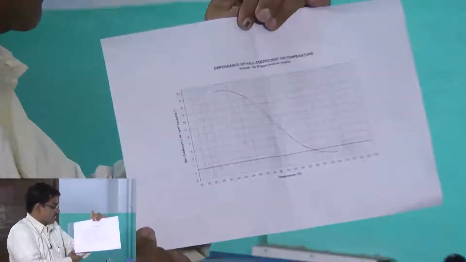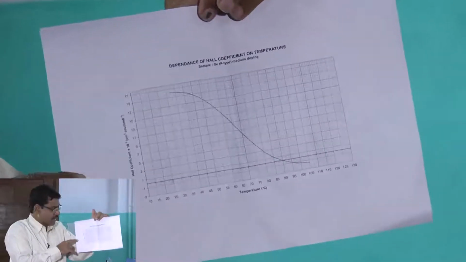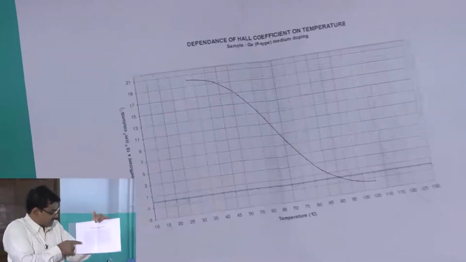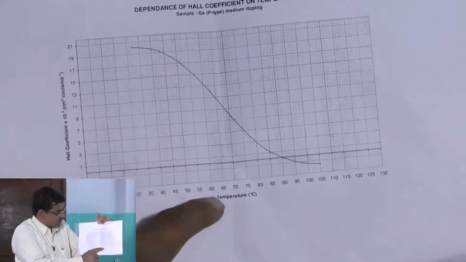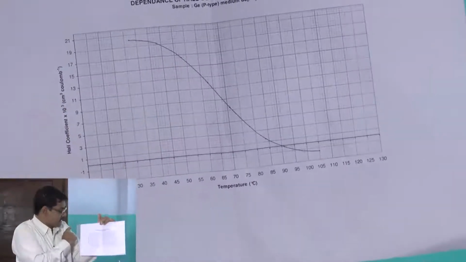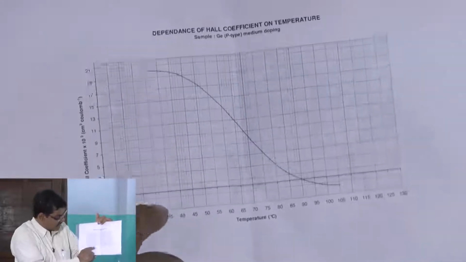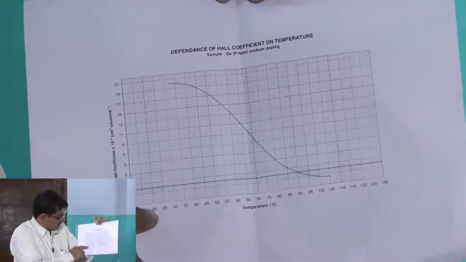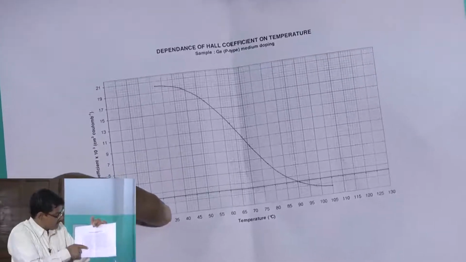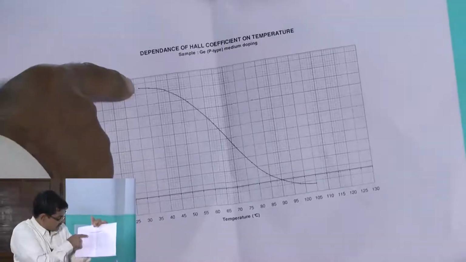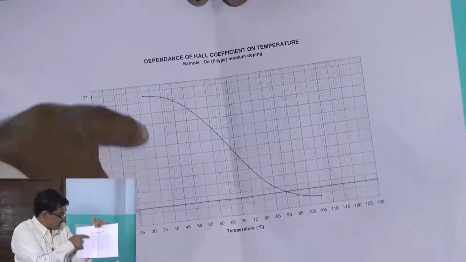We will expect this type of curve; this is the Hall coefficient and this is temperature. Initially you have seen the temperature increasing. Here it is plotted; I think the students took this data during summer, at 33 degree centigrade.